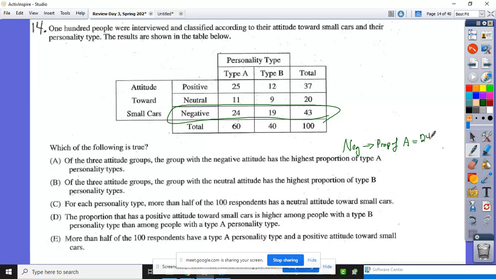24 over 43, which gives me what? Well, more than half. I can look at that and say more than half, right? But it's saying negative is the highest of type A. So neutral, proportion of type A is what? 11.